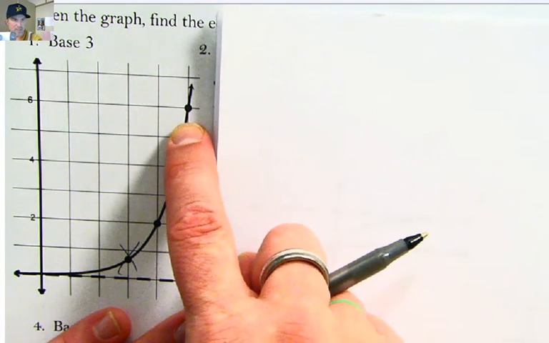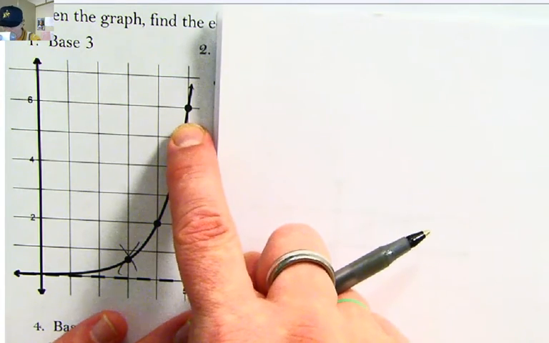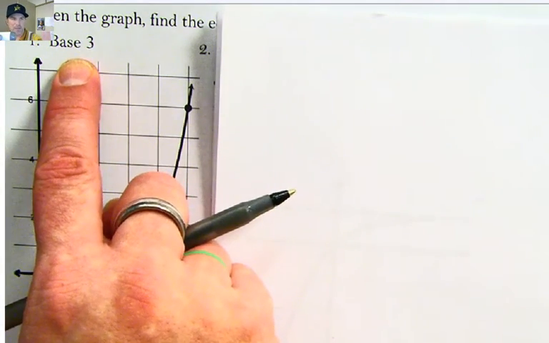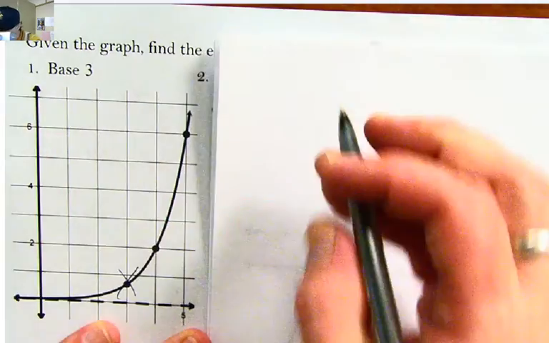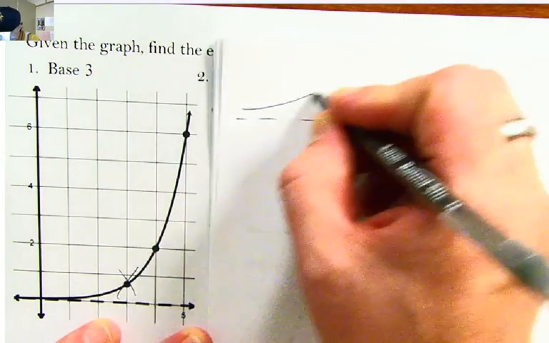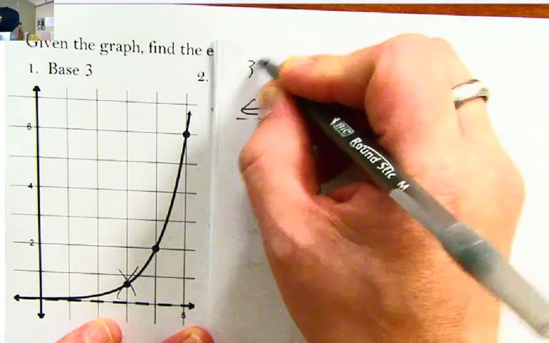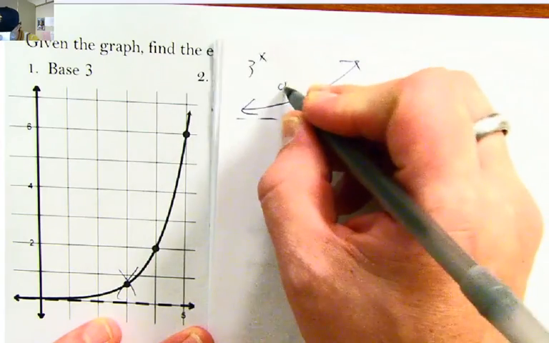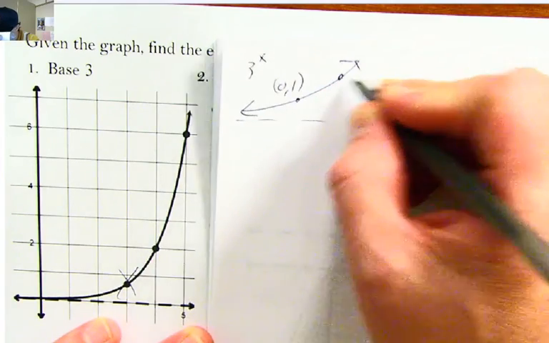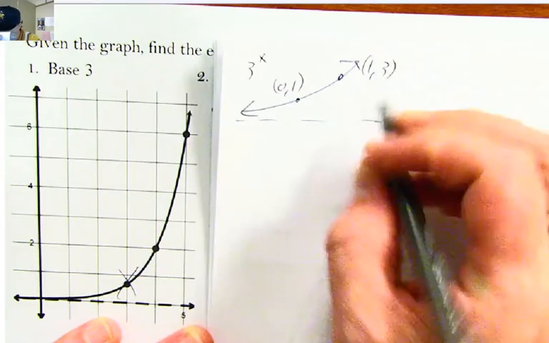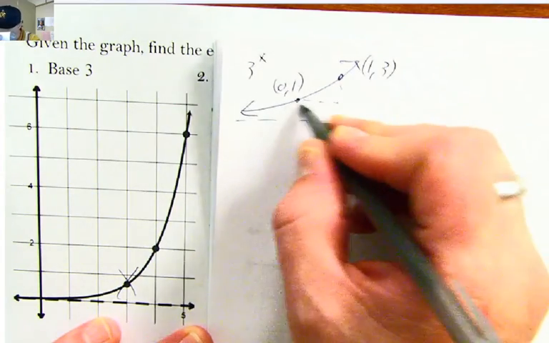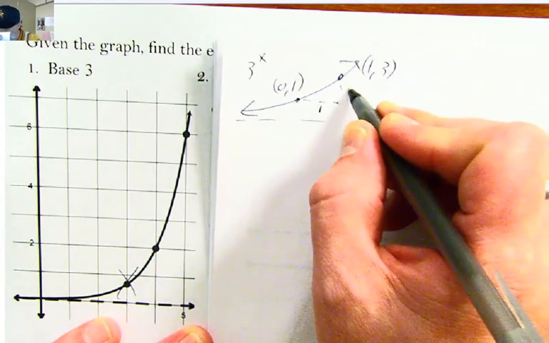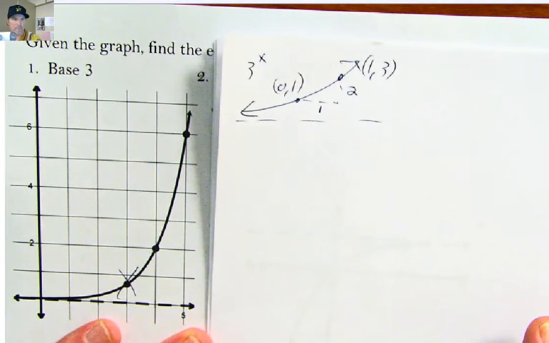This is going to be my 1, a point. And nice, they tell me about the base. So in a base of 3, what I'm looking for the graph to do in a 3 to the x graph, I'd have the coordinate 0, 1 and the coordinate 1, 3, meaning to get from this point to this point, that's usually over 1 and up 2.